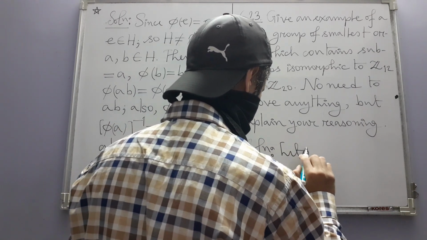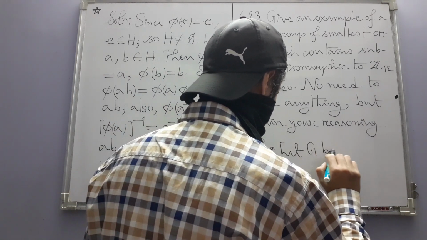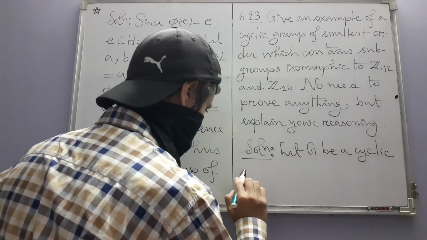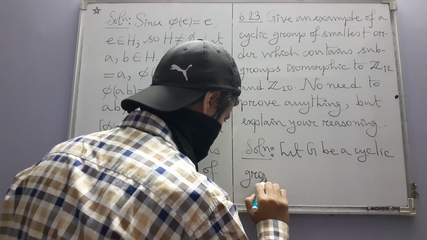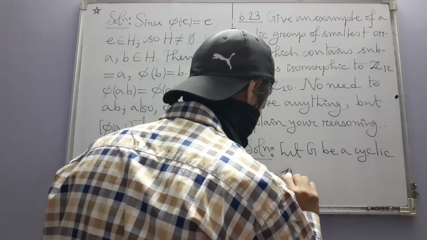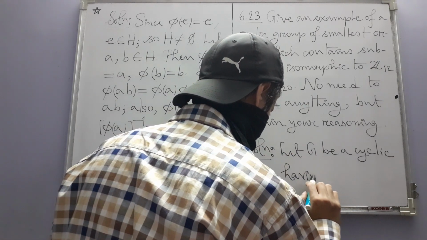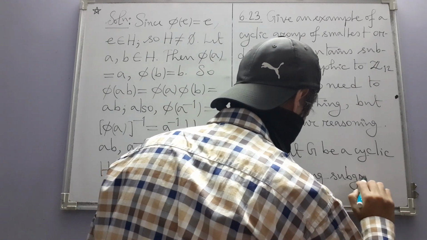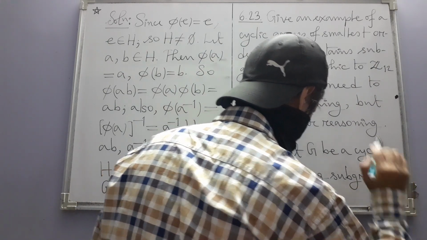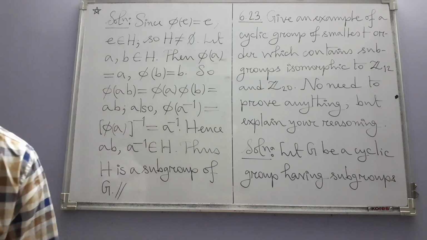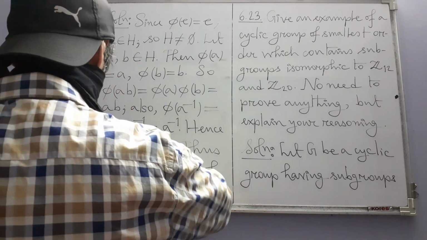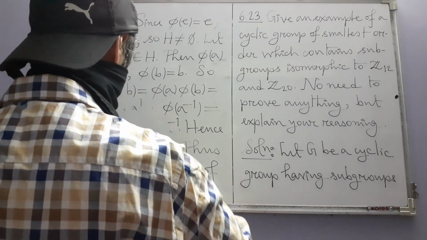Let G be a cyclic group having subgroups isomorphic to Z12 and Z20.